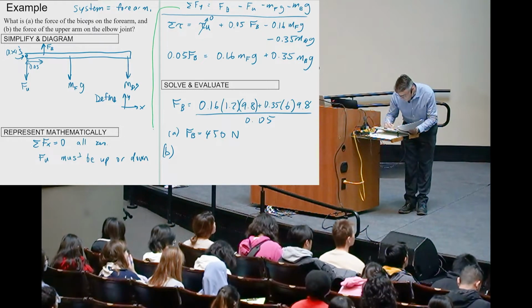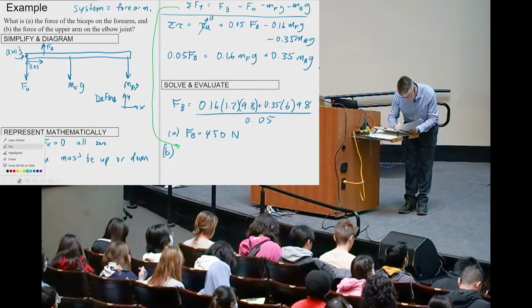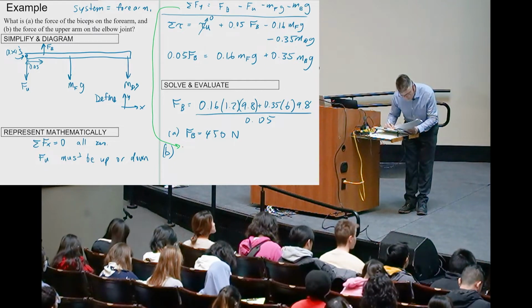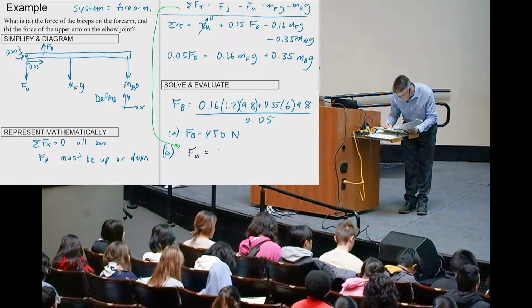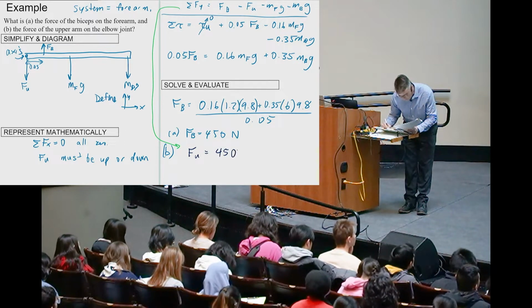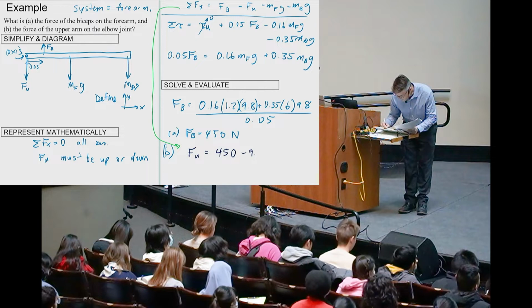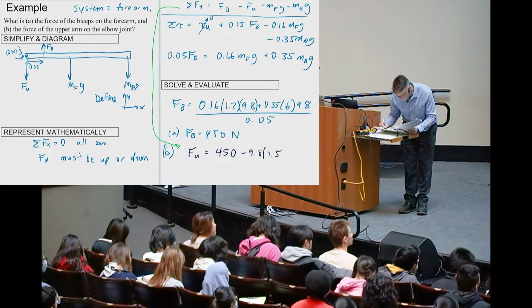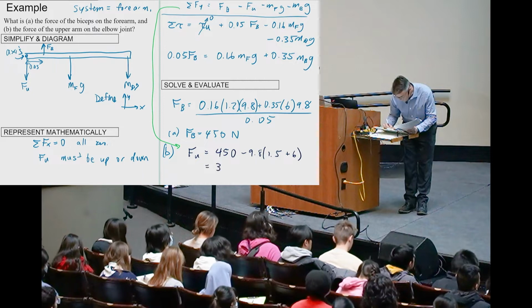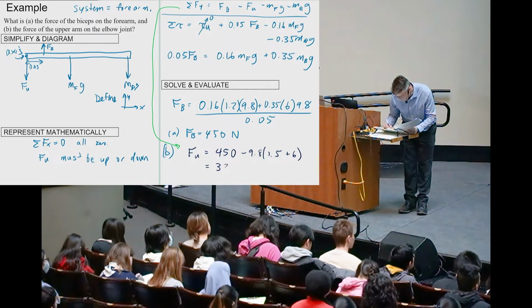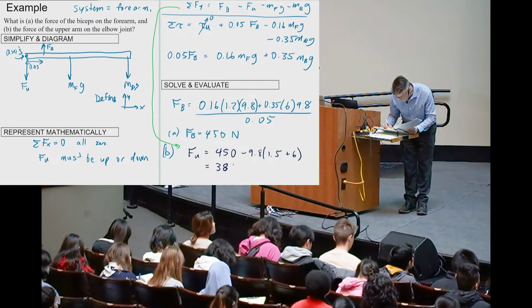You just balance the forces in the y direction. So you'd say that Fu is equal to 450, which we now have, minus 9.8 times the 1.2 plus the 6. I've got that it's 380, and it is down.